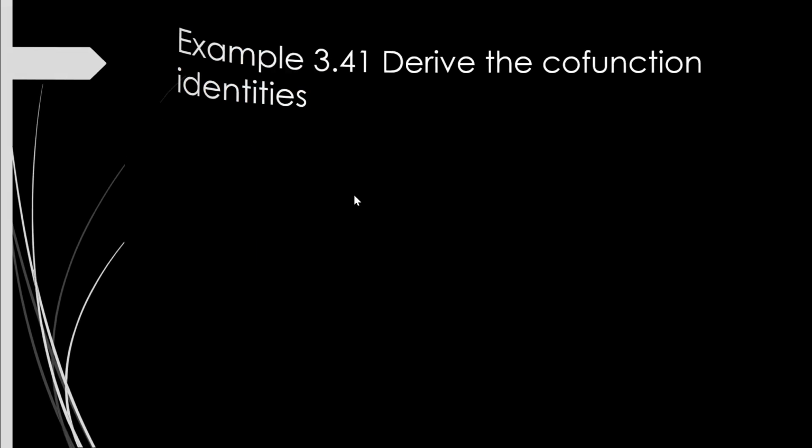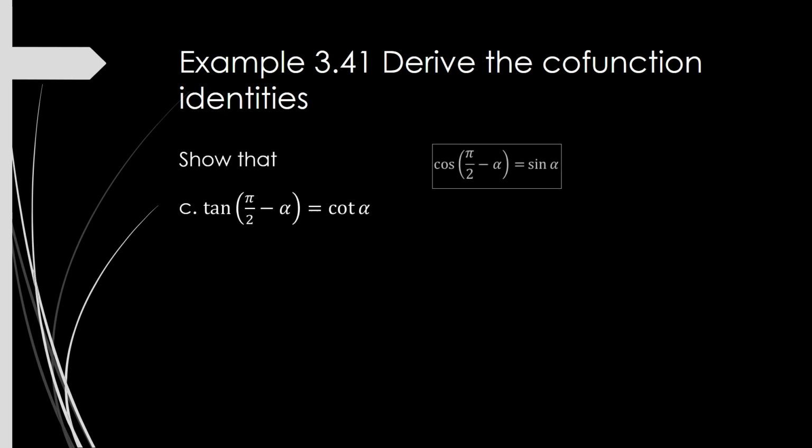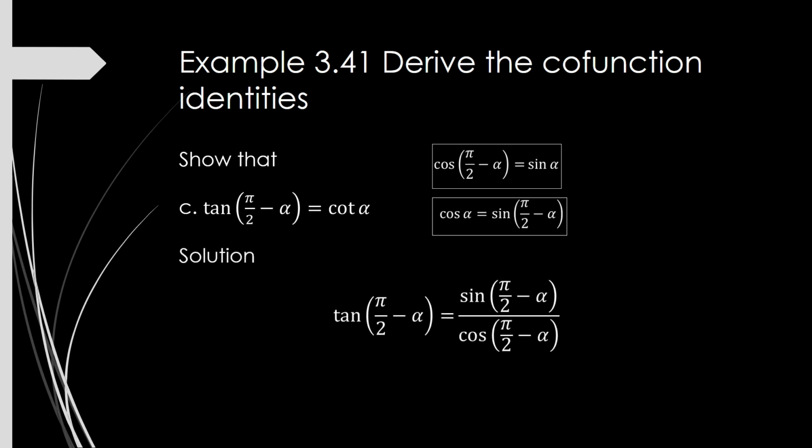Okay, so for the third cofunction identity, the one about the tangent function, I already spoke about this. We will just apply the first two cofunction identities, okay? So, tangent of pi over 2 minus alpha, this is a fundamental identity, so that is just equal to sine over cosine. But what is sine of pi over 2 minus alpha?